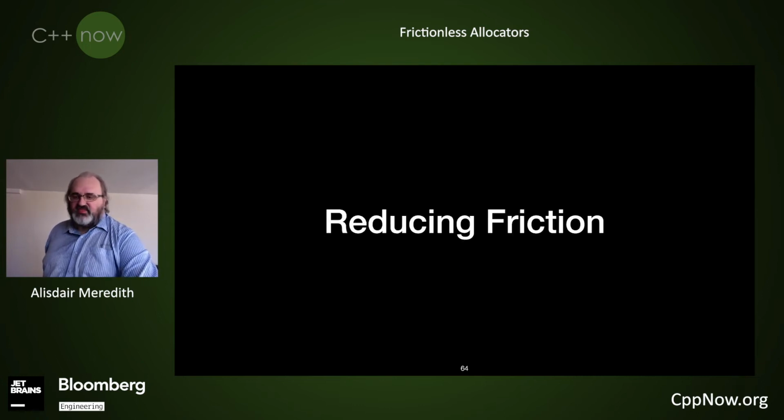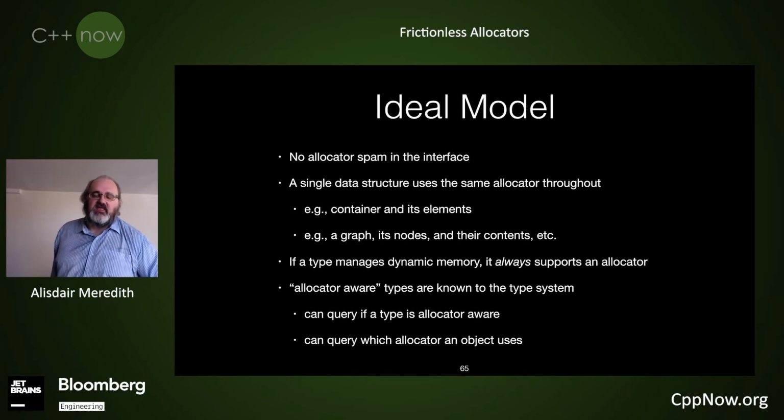So, what am I proposing to reduce the friction? I've got my ideal world model. I want to remove all that code and spam from the allocator interface and from using allocators. If I'm in my ideal world, I will have to add nothing to my type that uses allocator aware stuff, and it will itself just implicitly be allocator aware. So the less syntax I have to use to make my type allocator aware and work with it, the better.